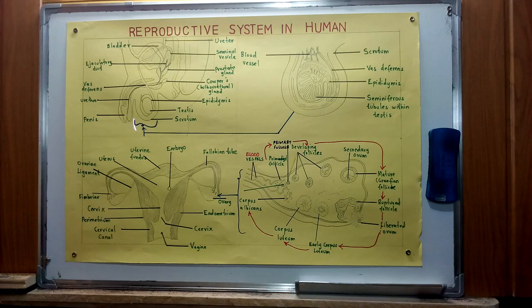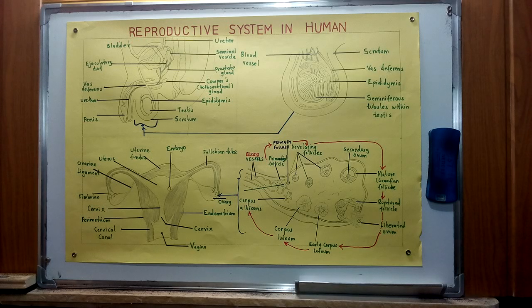Spermatogenesis is a process whereby sperms are formed in the specific part of the reproductive system that we call the testes. We're going to look at that concept in a separate video under spermatogenesis and oogenesis, which entails the formation of the male and the female gametes.